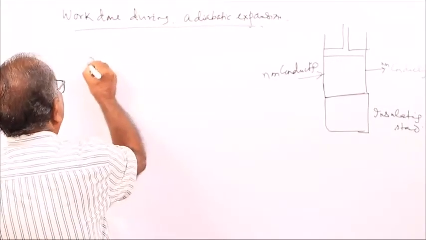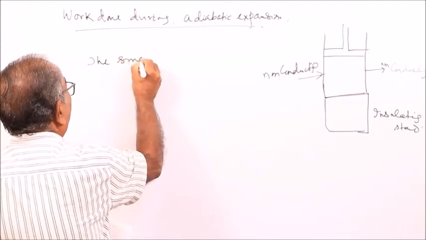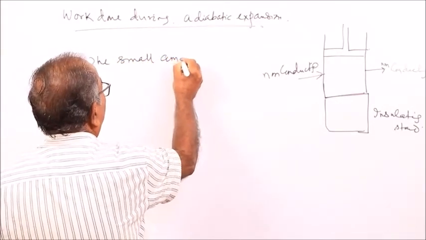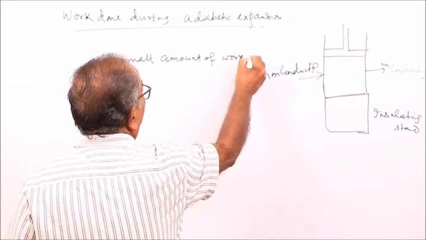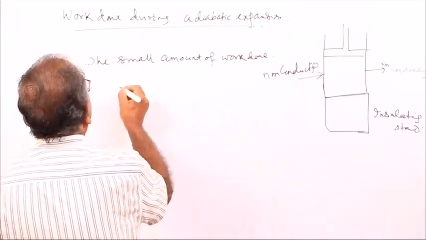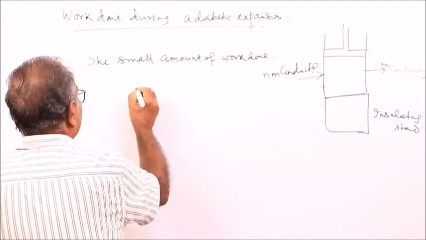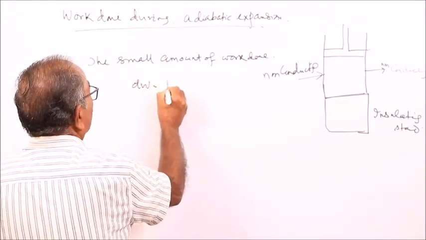The small amount of work done is dW equal to PdV.